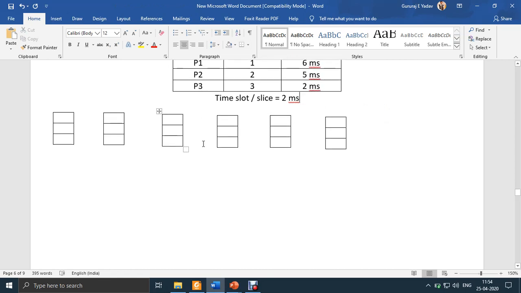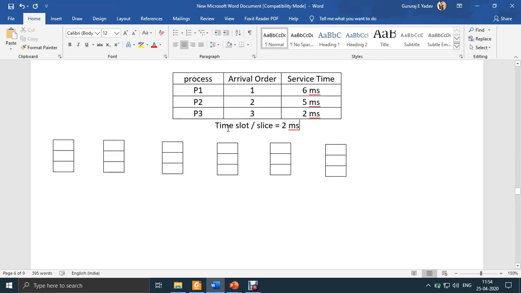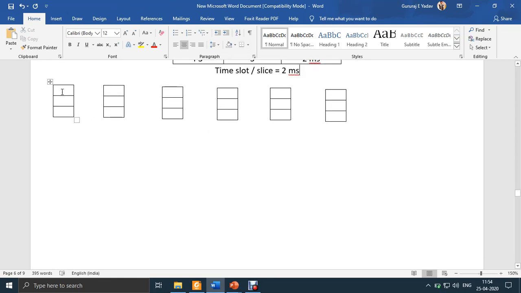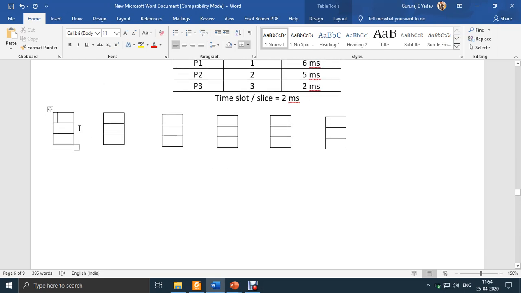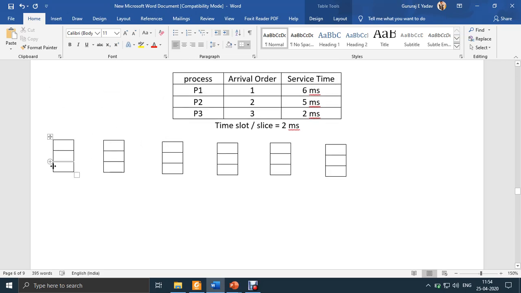Hope you got the concept. Now let's say this is the ready queue. In this ready queue there will be the processes which are ready to execute: P1, P2, P3, and you have to organize them in the order in which they have arrived. Since P1 has arrived first, it will be at the front of the queue.